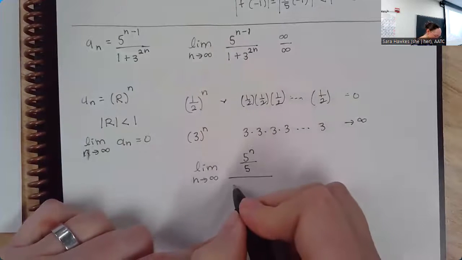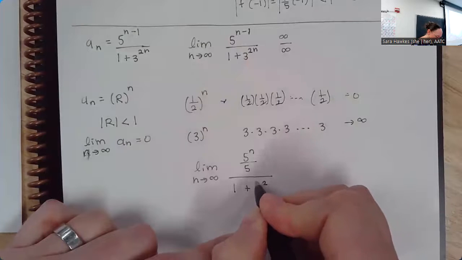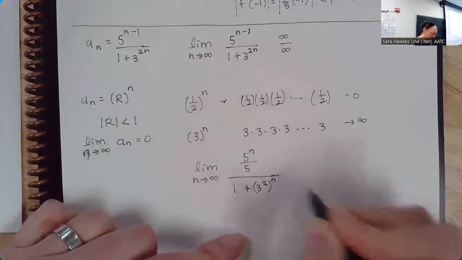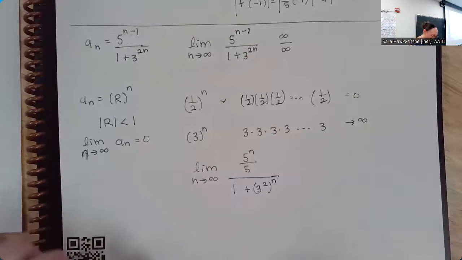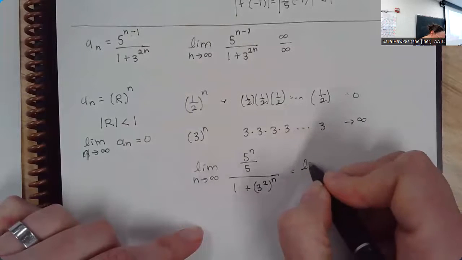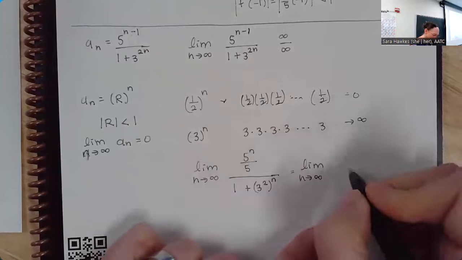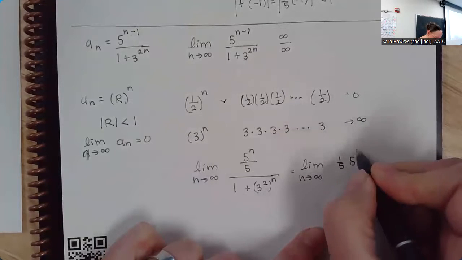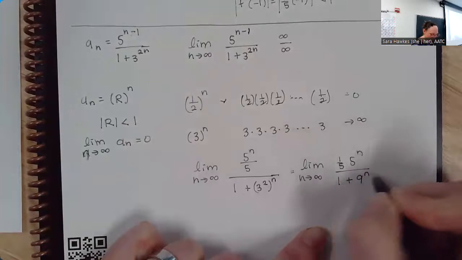And in the denominator, I would write that as 3 squared to the n. So if I clean those up, then on the top, I might think about that as saying like 1/5 of 5 to the n. And that would look like 1 plus 9 to the n.